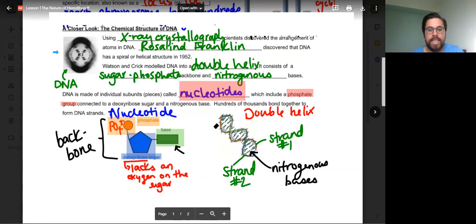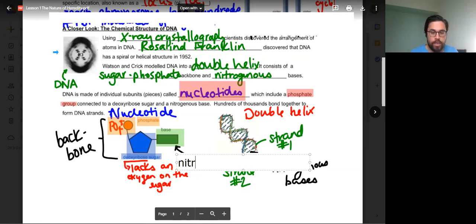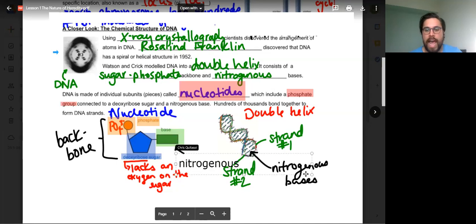but it is the big idea that we will be spending time talking about, because this nitrogenous base is what allows DNA to have that message and do the thing that it needs to do.